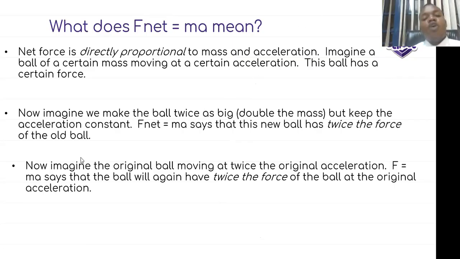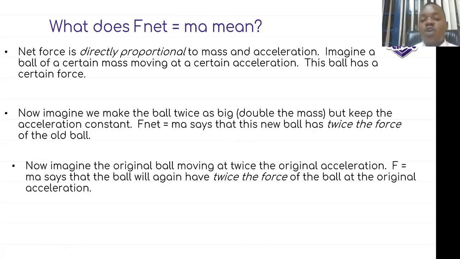Now, what does Fnet equal to ma mean? I've already said this to you. Net force is directly proportional to mass and acceleration. In this case, it is the net force that is directly proportional to the mass. At the same time, it is directly proportional to the acceleration. In other words, if you increase the mass of the object, then the net force is also going to increase.